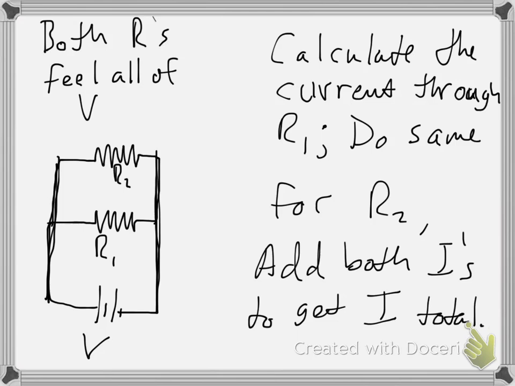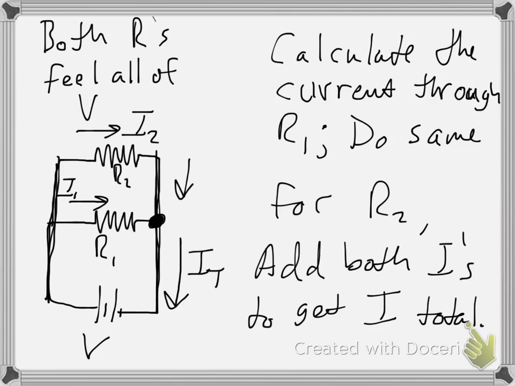So I calculate the current that would flow through R1, and we'll call this I1, and then calculate the current through resistor 2, call it I2, and then when the two currents meet here, the total current that then flows into the battery must be the sum of those two, and that's also the same current that flows out of the battery after the current's been recycled, and then of course here they branch this way.